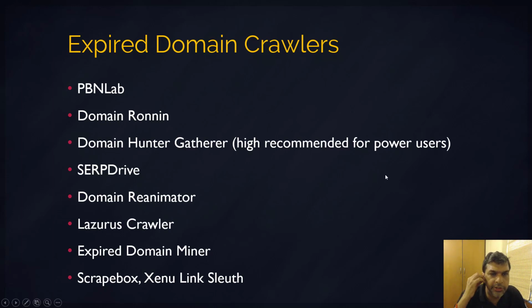Okay, so you also need to understand that these crawlers crawl the web live. I mean, some of them have a predefined database of expired domains as other people enter the keywords they're looking for, but most of them go out and do fresh crawls using Google and other methods for keywords that you're interested in, for your niche-specific keywords, looking for expired domains that are related to those keywords.